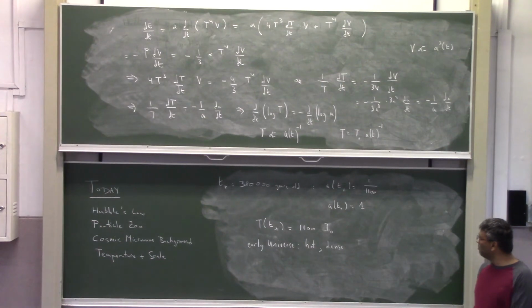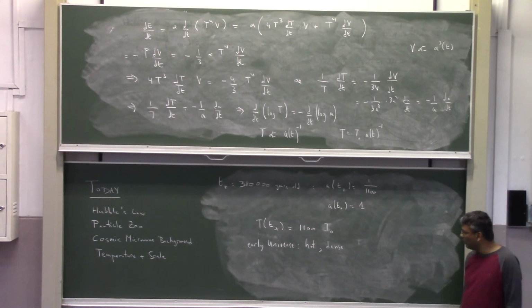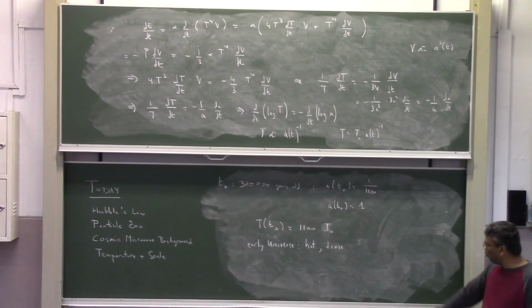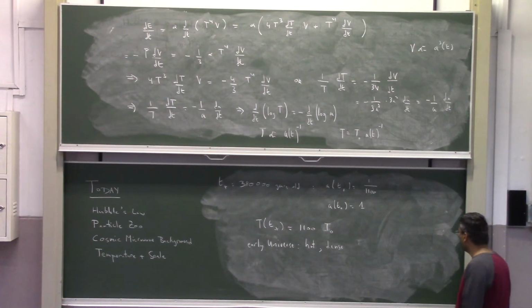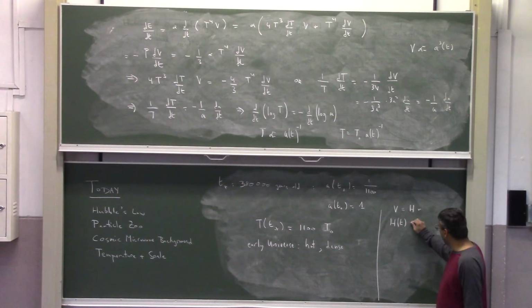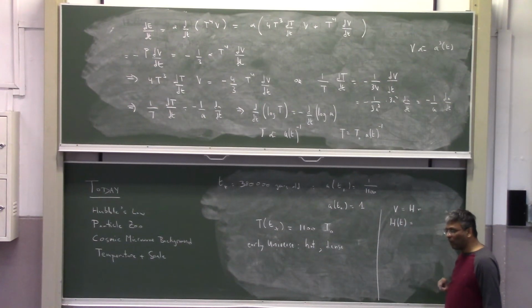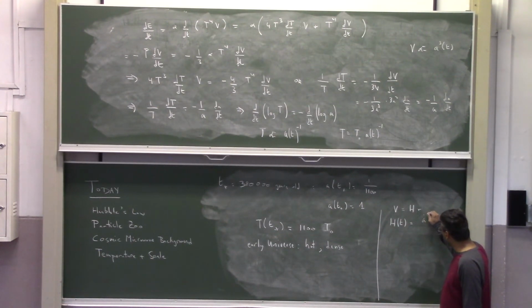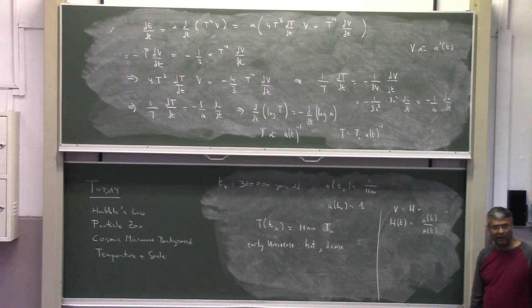Okay, so this essentially covers what I wanted to say on the scale factor and how it relates to temperature. So the two take-home messages today are that velocity is related to the distance, and the ratio between velocity and distance is given by the change in the scale factor compared to the scale factor.